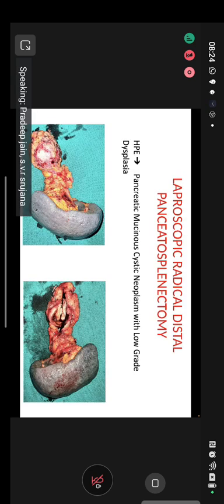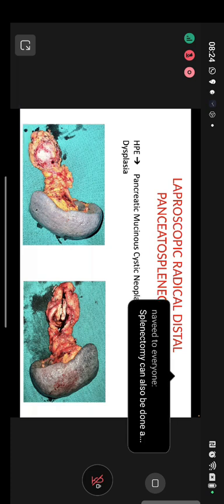So distal pancreatic splenectomy should be done, and spleen preservation can be done if the vessels are nicely free. But if they are involved either with inflammation or with the tumor, then complete distal pancreatosplenectomy should be done, right? So we did this laparoscopic distal pancreatosplenectomy.